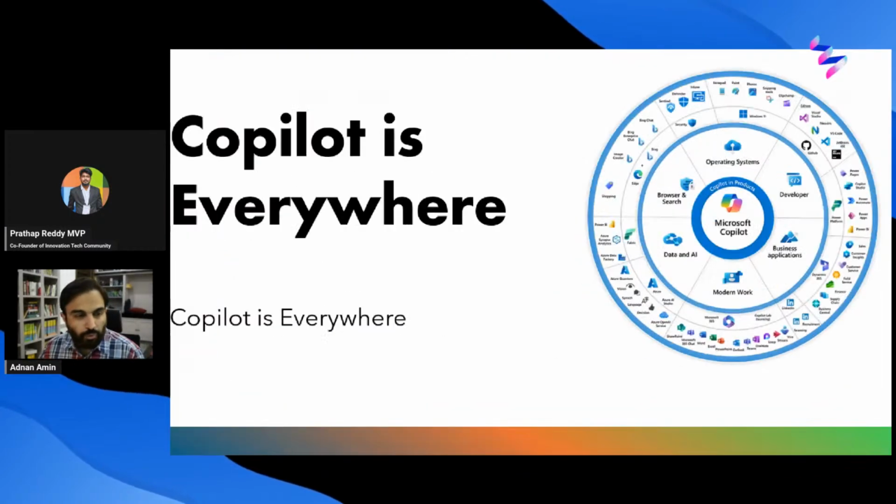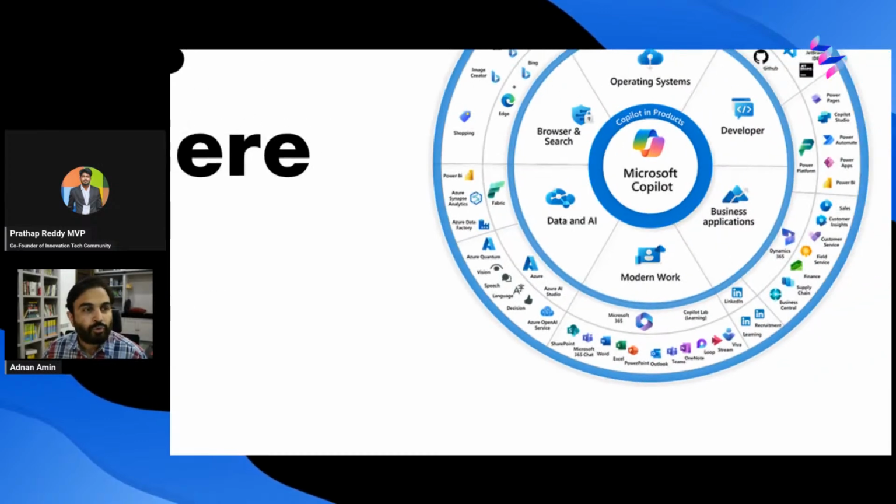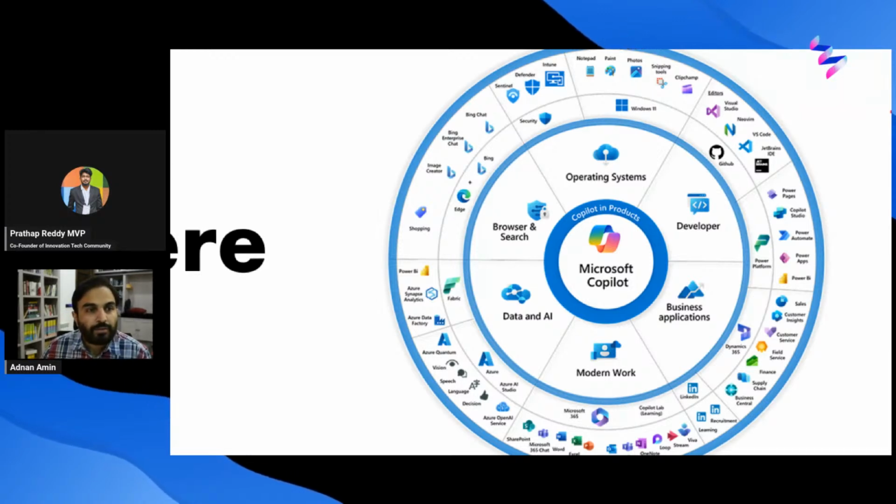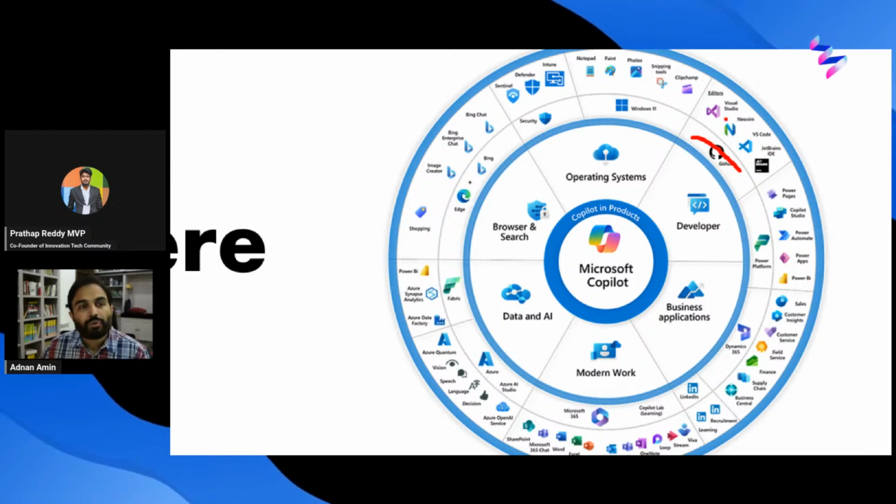And this is a wheel which shows the different areas of Copilot which are available. For the developer, you can see these are the tools available: Visual Studio, Visual Studio Code, GitHub Copilot. For Power Platform, you can see these are different copilots available.